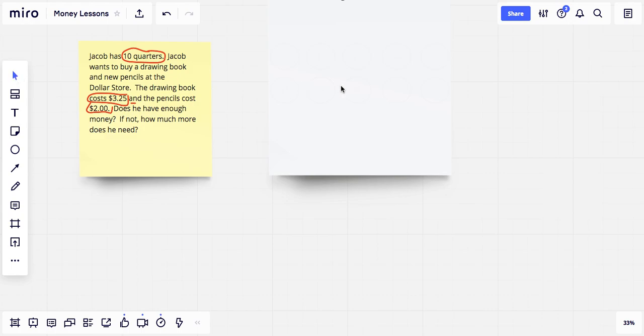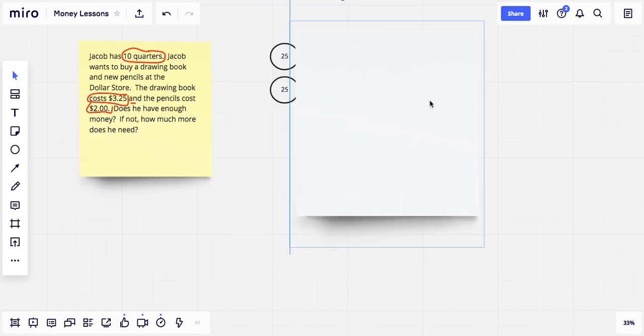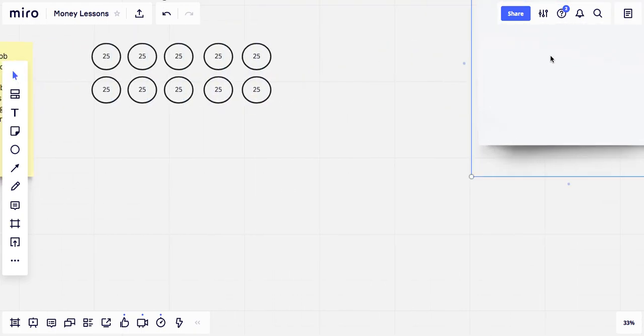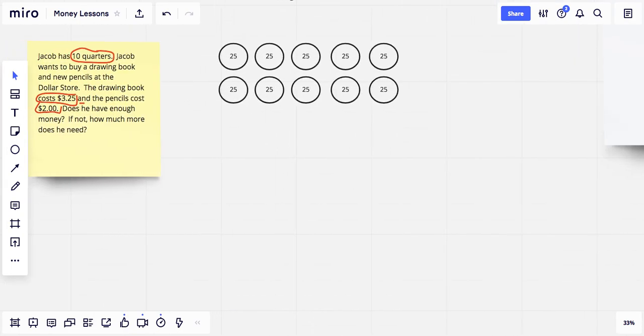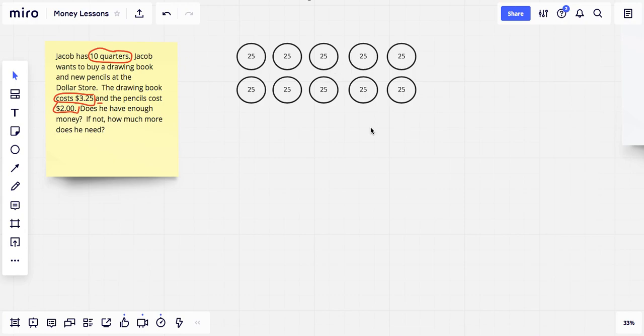So if we're looking at our problem here, let's see what we have. So we have Jacob's 10 quarters, and I just quickly drew them here for you. So I want to first find out how much money does Jacob really have? I know he has 10 quarters, but how much money is that? Now we know that quarters, when we count by 25s, it's 25, 50, 75, 100, or $1.